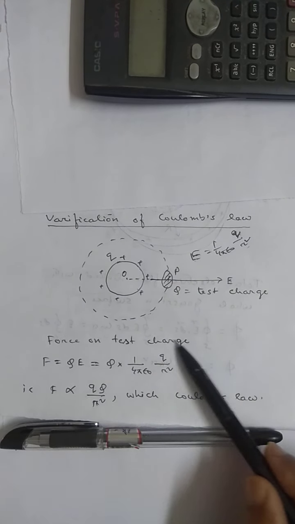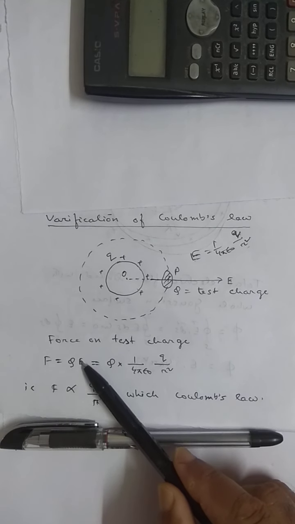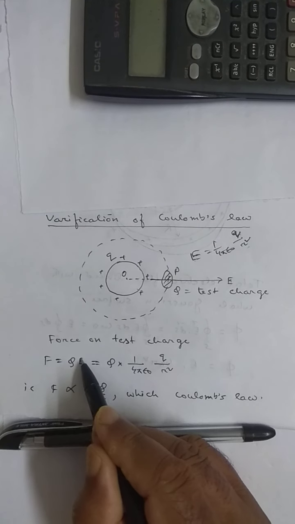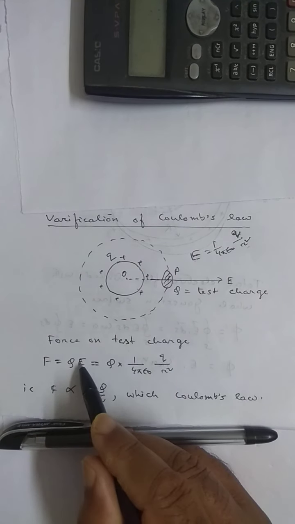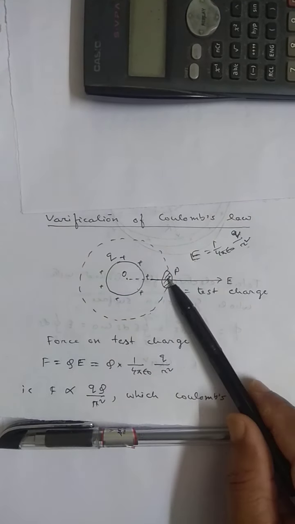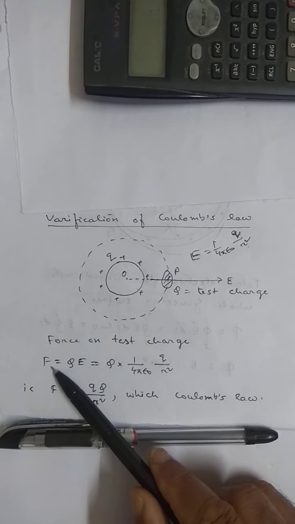So what is the force on test charge capital Q? F is equal to QE. What is E? What is electric field intensity? Electric field intensity is the force on unit positive charge placed at this point. So instead of positive charge, if I place a Q charge, what is the force experienced on it?